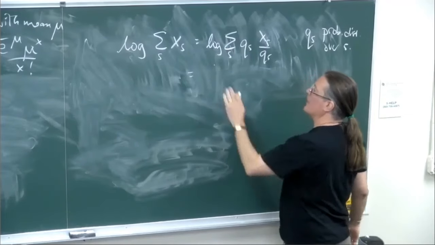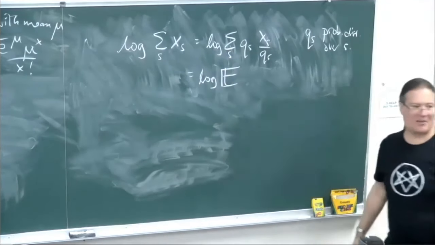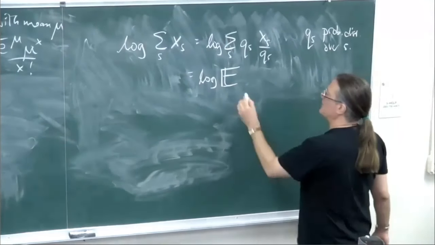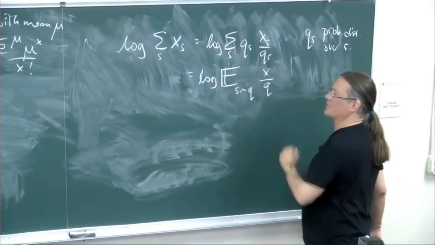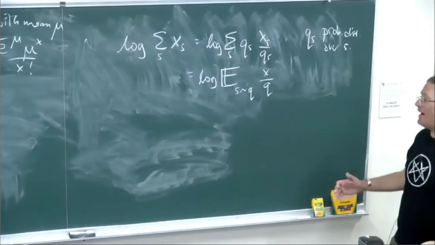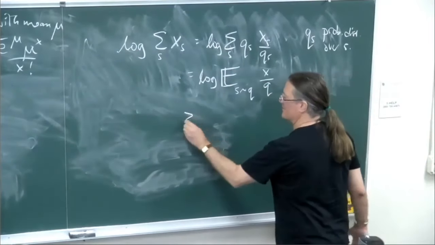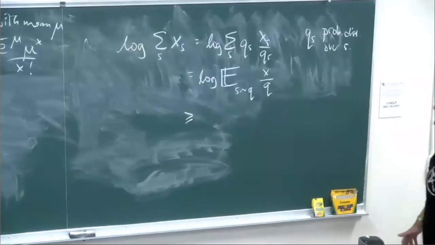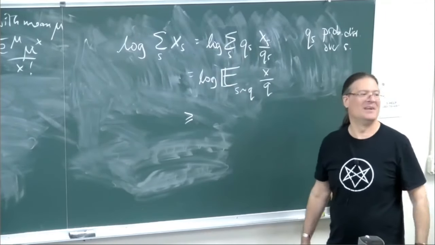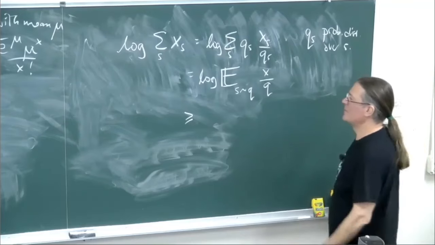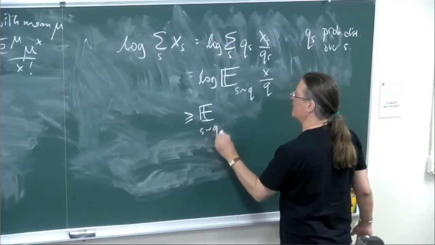If S is drawn according to Q, this is the average of x over Q. I don't know what notation you like, I have grown to like this bold E for expectation. But Jensen's inequality tells us that the log of the average is always greater than or equal to the average of the log, because the log is a concave function. So a lower bound on this is the expectation of the log.